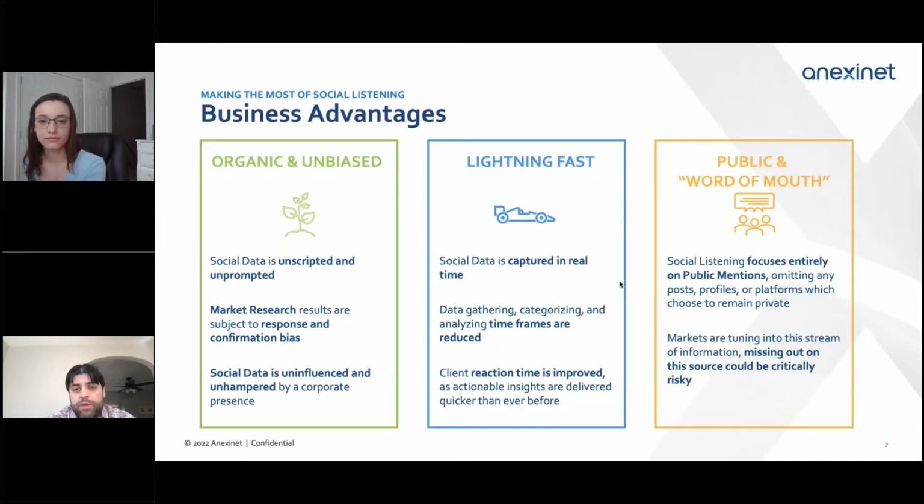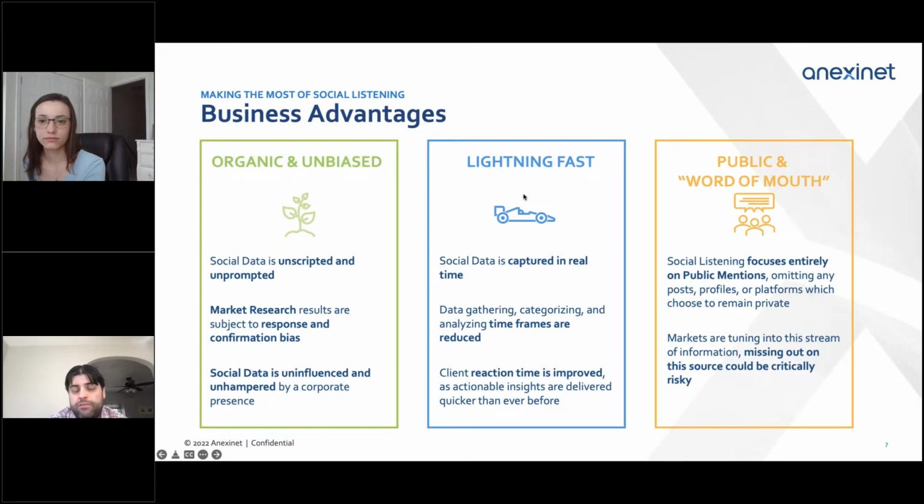So when people are talking online, they do so in an unscripted way, and in many times they're not prompted. They're deciding to post their views or opinions on their own. And so because of that, the results are really not subject to the typical response and confirmation bias that other market research methods have, right? And then additionally, the data is uninfluenced and unhampered by a corporate presence, right? People are just posting their opinions, and it's how they feel in the moment.